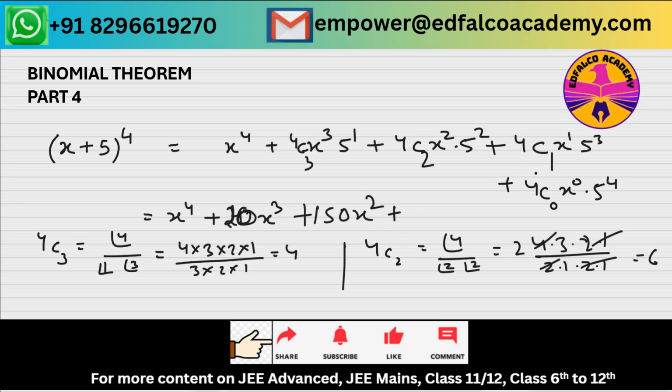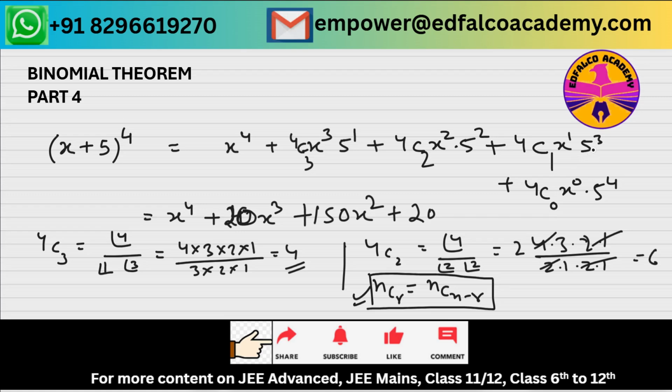Now again 4C1, if you calculate, it will be equal to 4C3, because we already know that nCr is equal to nC(n − r). This is an important formula, and we should remember it. So 4C3 will be equal to 4C1, so it will also give you 4. In case you don't remember, nothing to worry, you can calculate it the way we are doing here. 4C1 is factorial 4 by factorial 1 into factorial 3, so ultimately you get the same thing, 4.